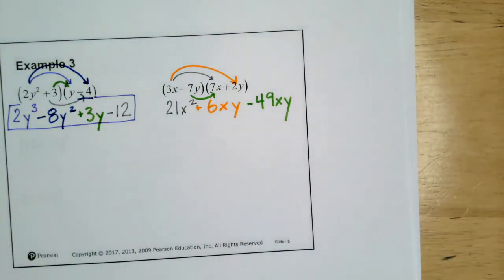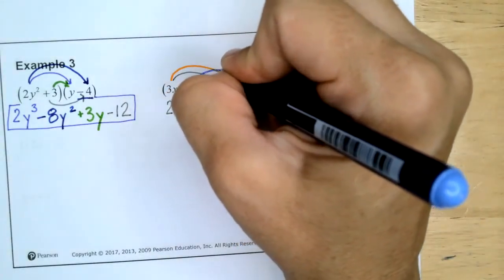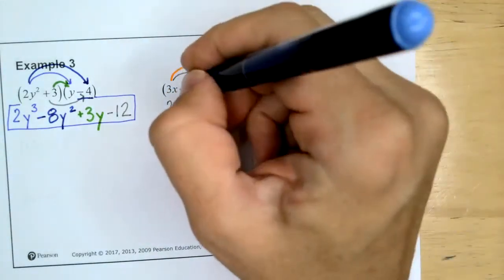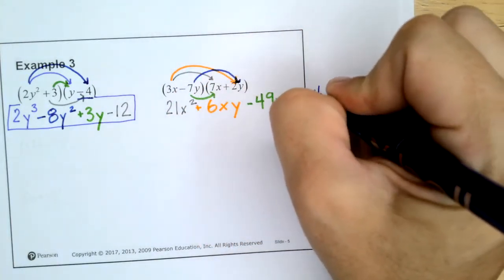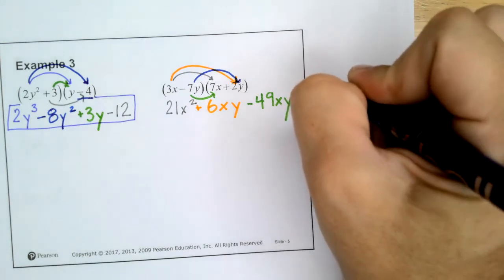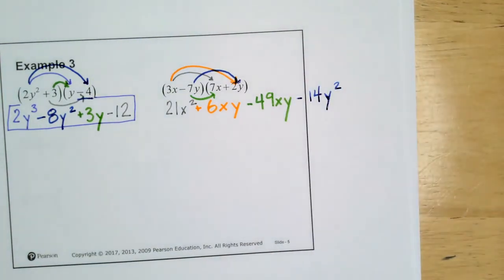And then we have negative 7y times 2y. Negative 7 times positive 2 is minus 14. Y times y is y squared. Okay. We can combine some like terms.